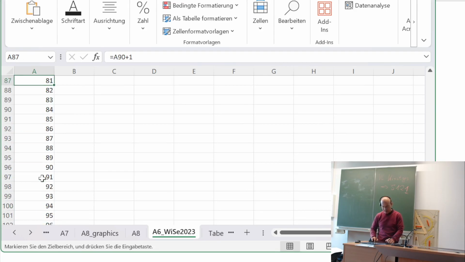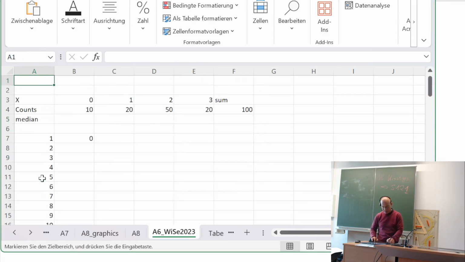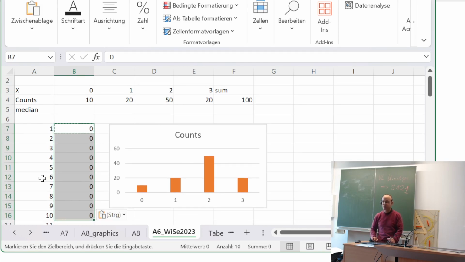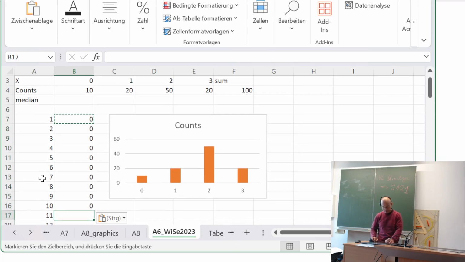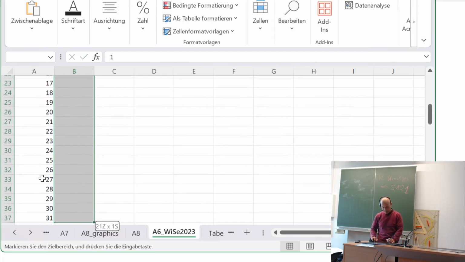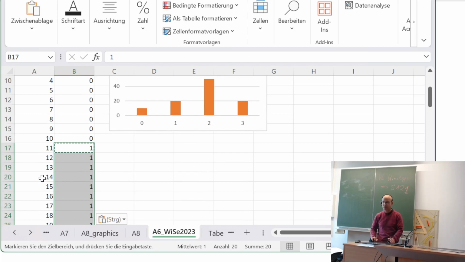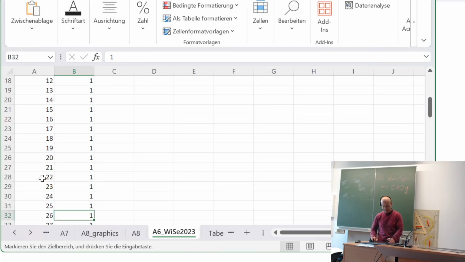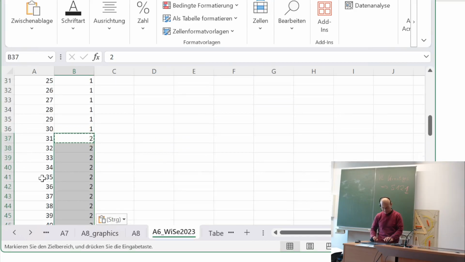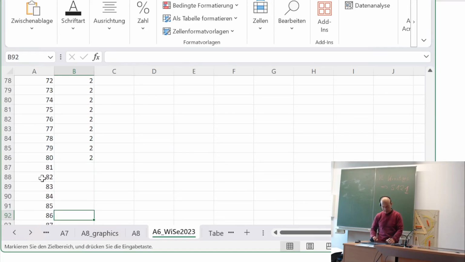So how does our data look like? When I put the data in a row, we have 10 times 0. Then we have 20 times 1, until 30. Then we have 50 times the number 2, until 80. And the last 20 is 3.